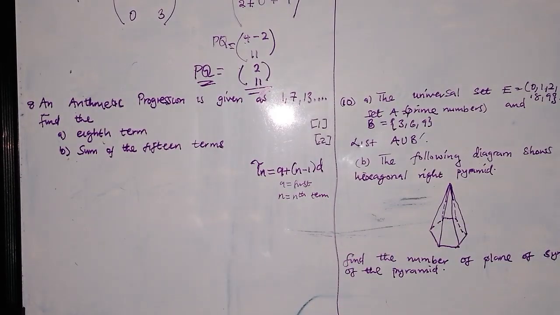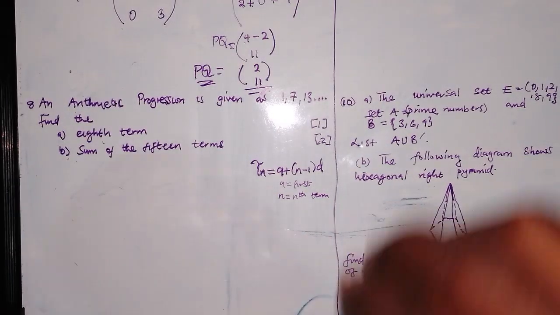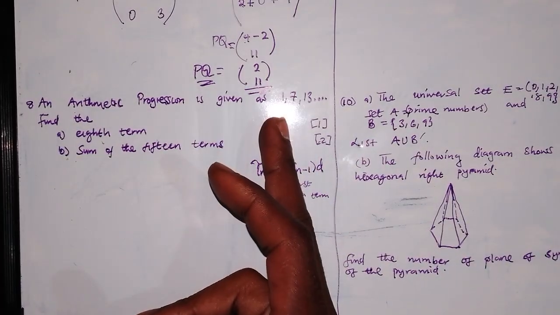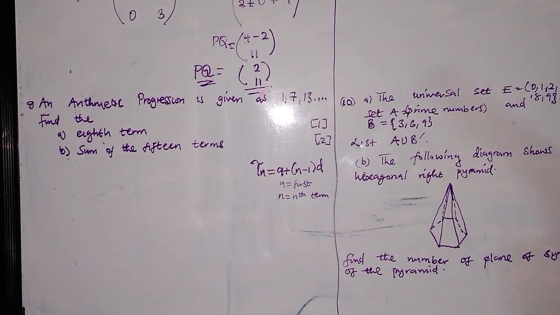What do you mean when you say the nth term? This is just the position where the number we are looking for is at. For example, 1 is at the first position, 7 is at the second position, and 13 is at the third position. So if 13 is at the third position, then our n will be 3.